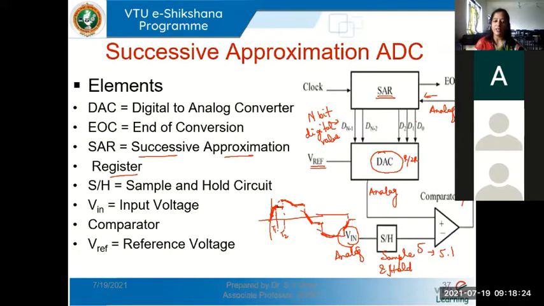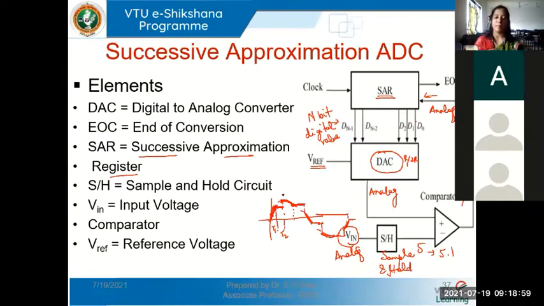We want the analog sample to remain fixed for some time until the conversion process is completed. So you just take a sample of this analog waveform and hold it for some time. Whatever is the peak value reached here, that value will get converted to digital. Similarly, you take this analog sample, whatever value the analog voltage would have reached by the end of this time, that value will be held and gets converted to digital.